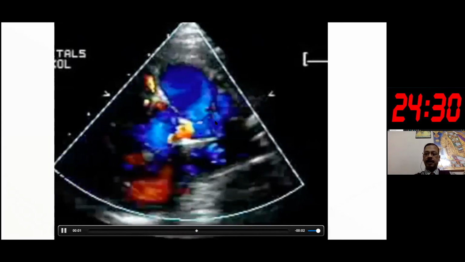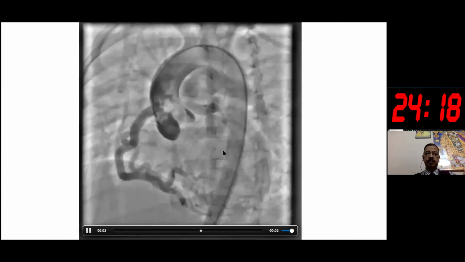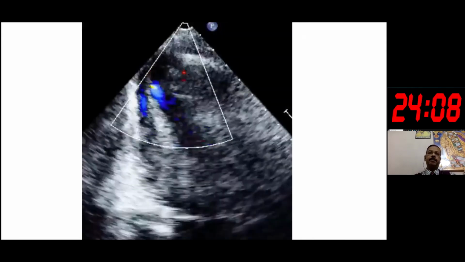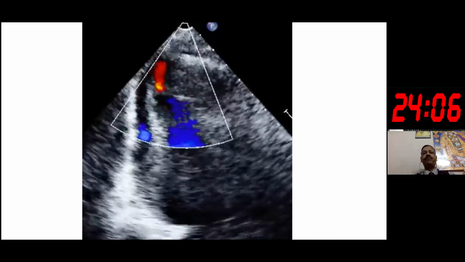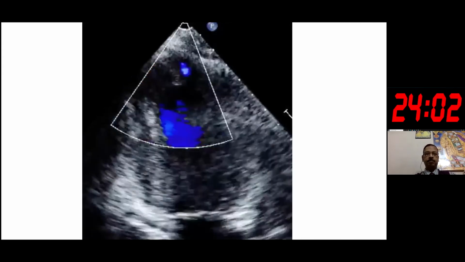So this is actually ALCAPA, and now this is the angio of the same patient. You can see the ALCAPA. There are multiple huge collaterals you can see here. So this is quiz number 5. Now is quiz number 6. This is a single clip. Look at the image very, very carefully and see what you can see in this image.